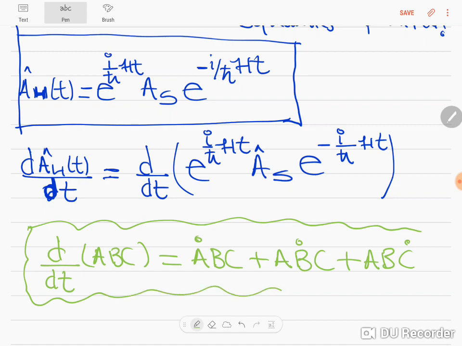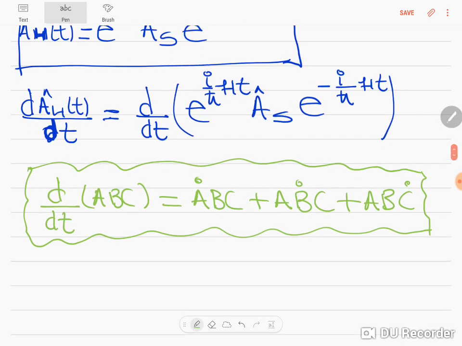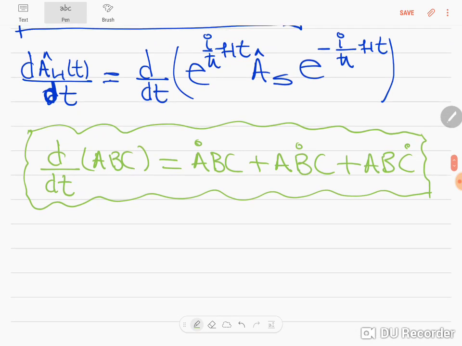This little formula will be enough to remind you how to calculate the derivative of operator A sub H.